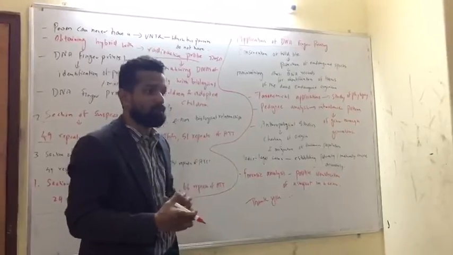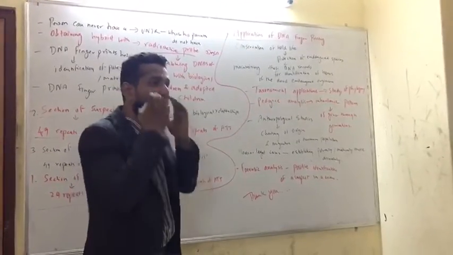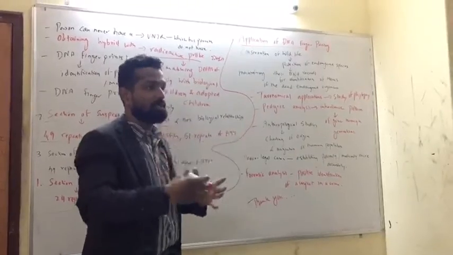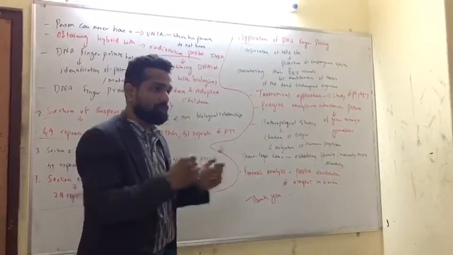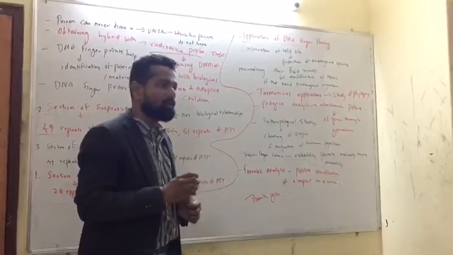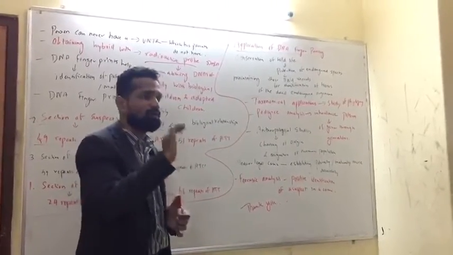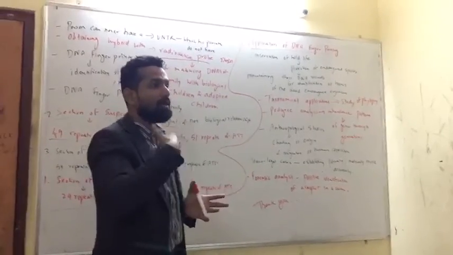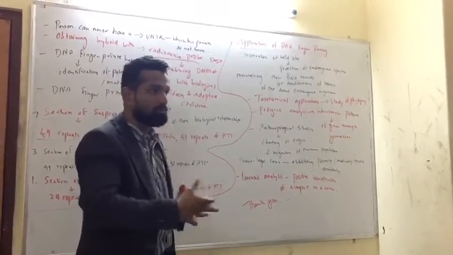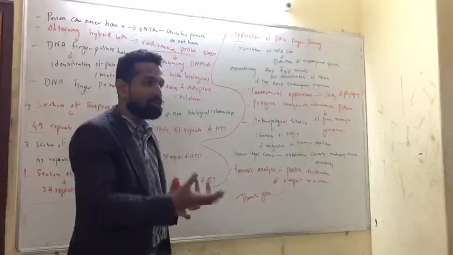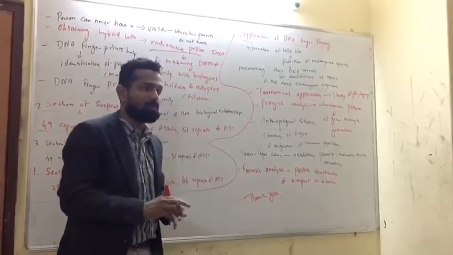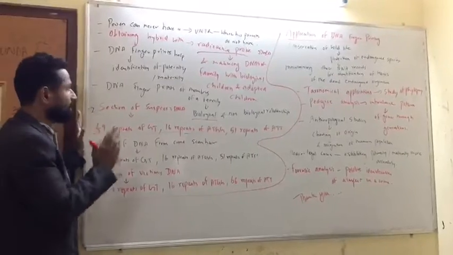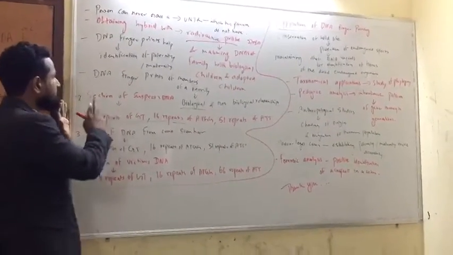Biological means eye color, face and stature, like height and kind of personality, everything is biological. Did you understand what non-biological is? It is not part of the body. It is something mental, psychological: thinking, opinion, grasping, and intelligence. All this comes under non-biological.